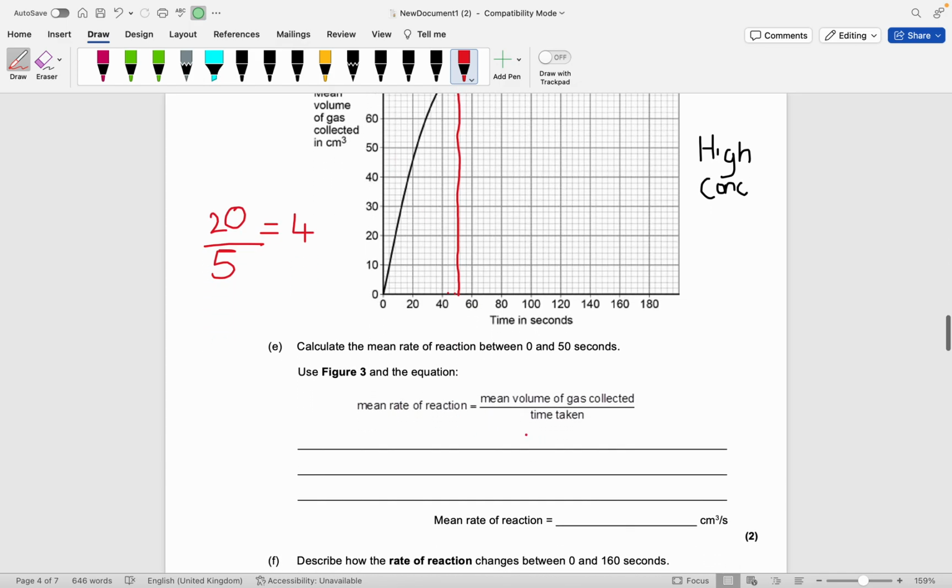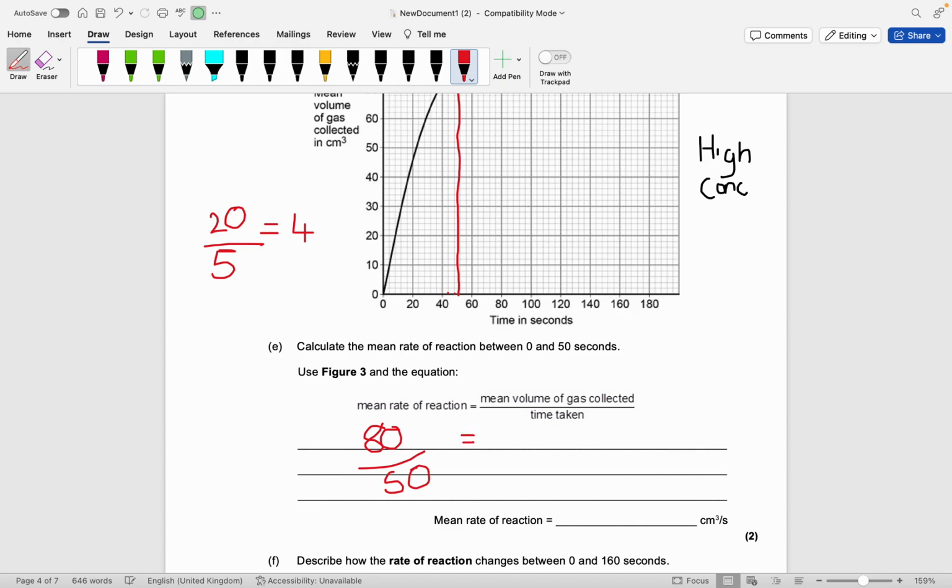So taking this equation here, I can see that I've got 80 centimetres cubed of gas, and it took me 50 seconds to make 80 centimetres cubed of gas.